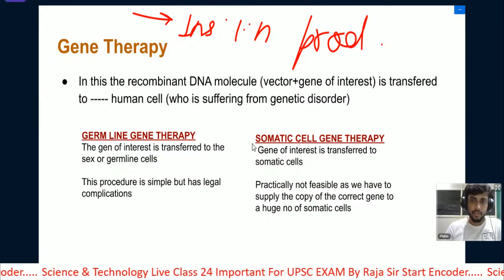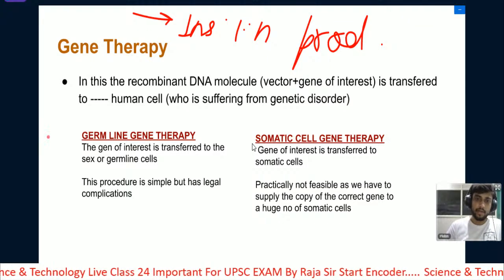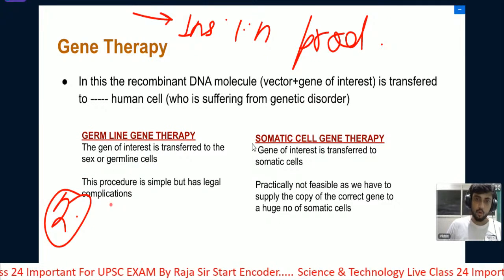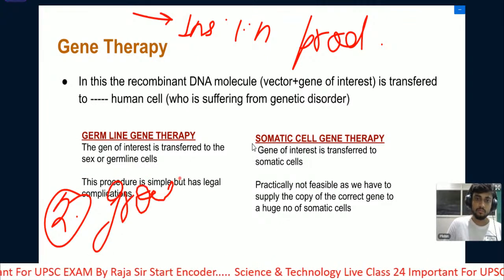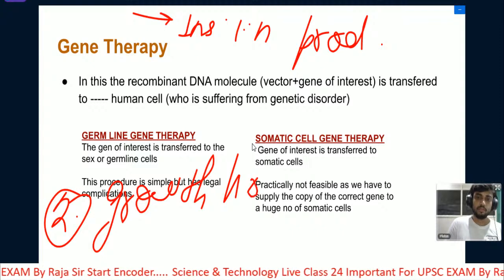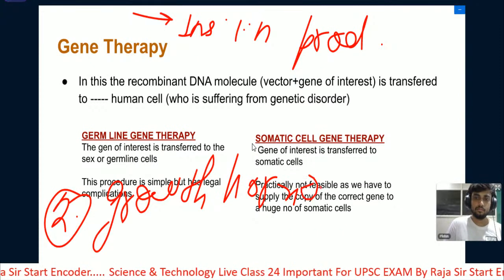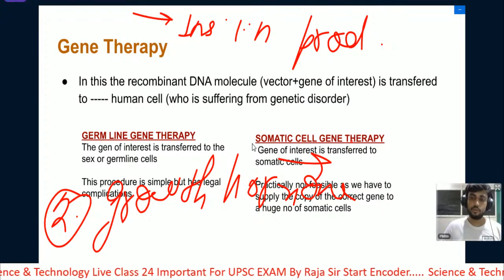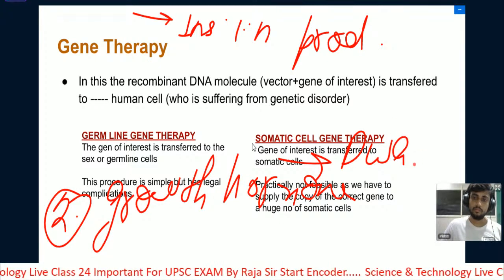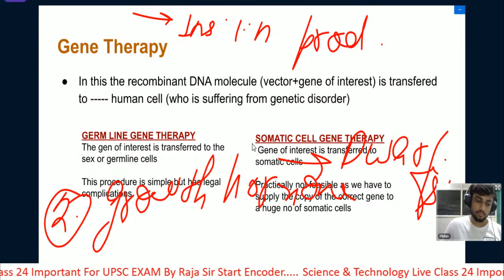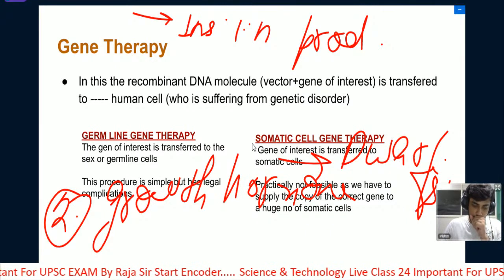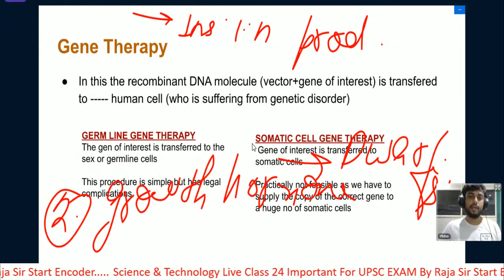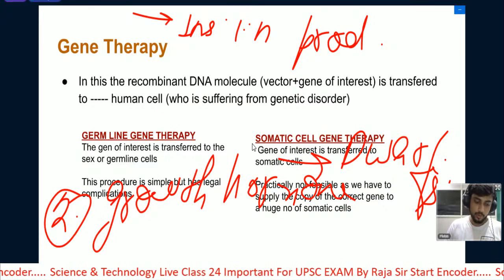So one use is insulin production, which I have already discussed, and there is one more thing. Have you heard about growth hormone? We have something known as growth hormone, and this growth hormone is used to treat dwarfism. So genetic engineering is used for the production of insulin as well as growth hormone.